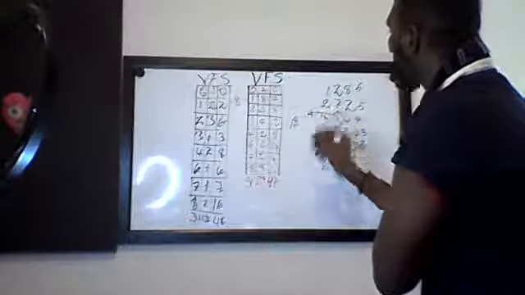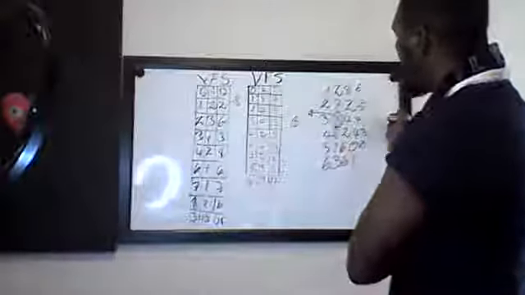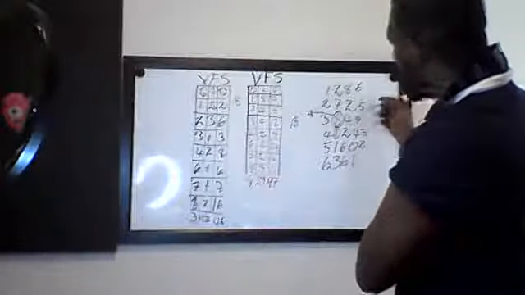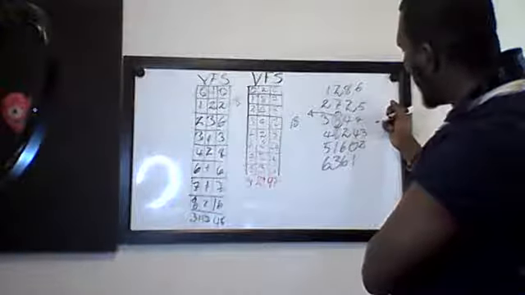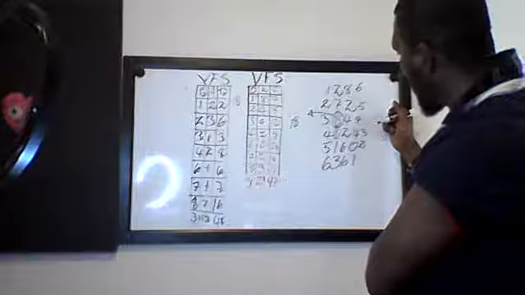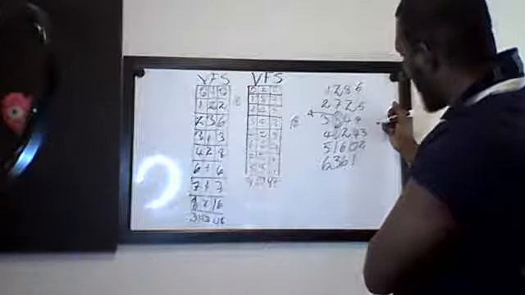Now, let's look for the second number that's on the table. To tell you something, people, I got 36 right here, 2 times. And then over here, 36 again.